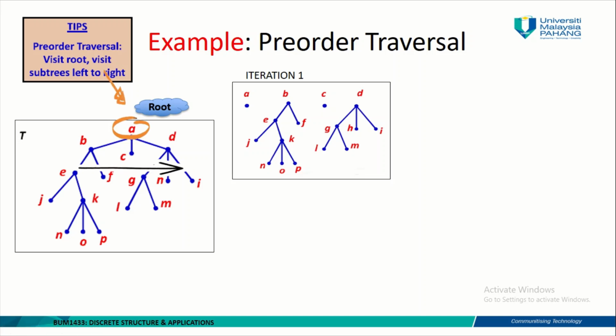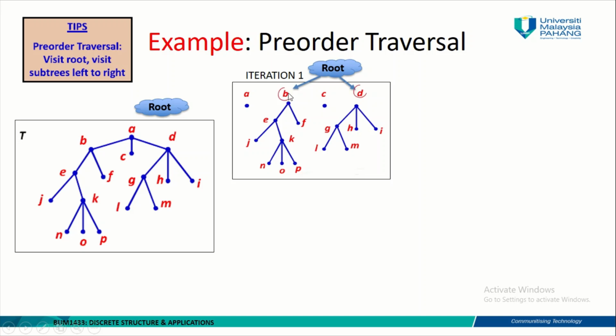And for the second iteration, we see that we have the subtree rooted at B, and we have the subtree rooted at D. So we know B is a root and D is also a root, so we need to visit the root and then visit the subtrees left to right.